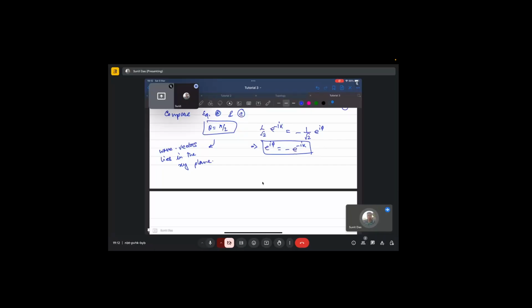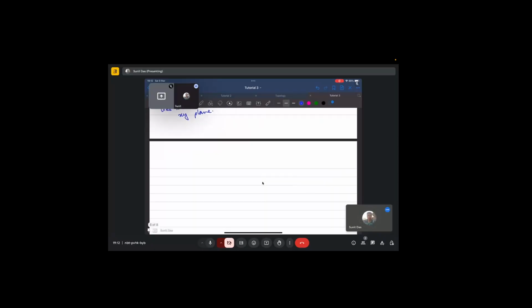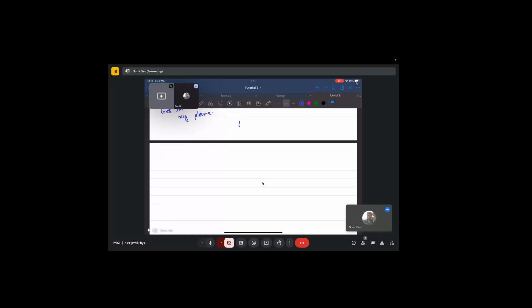If you draw this, start from minus pi to pi, and this should be symmetric.